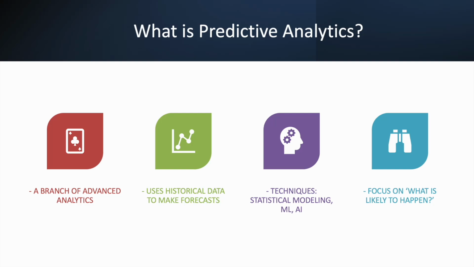Then applying algorithms to detect trends and correlations. Machine learning, so training models to improve accuracy over time. And then deployment and monitoring, so implementing predictive models and refining them based on the new data.